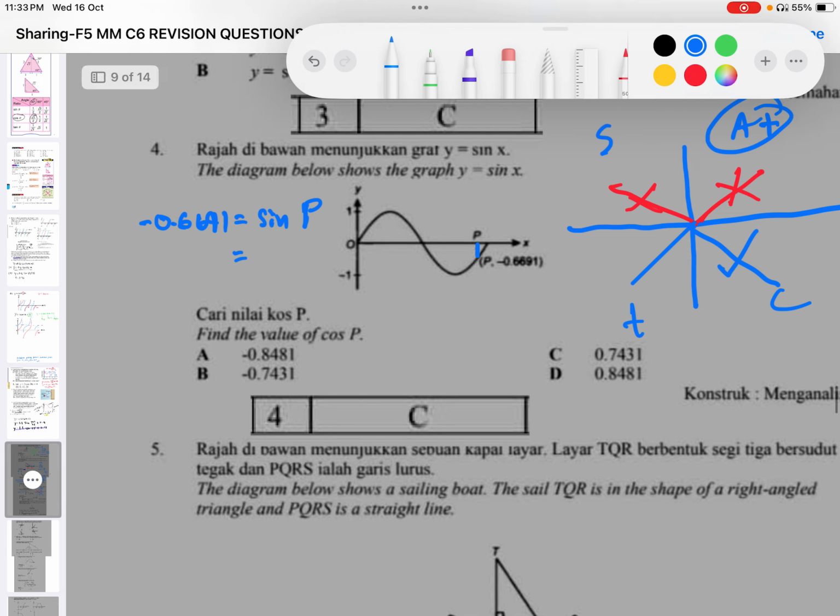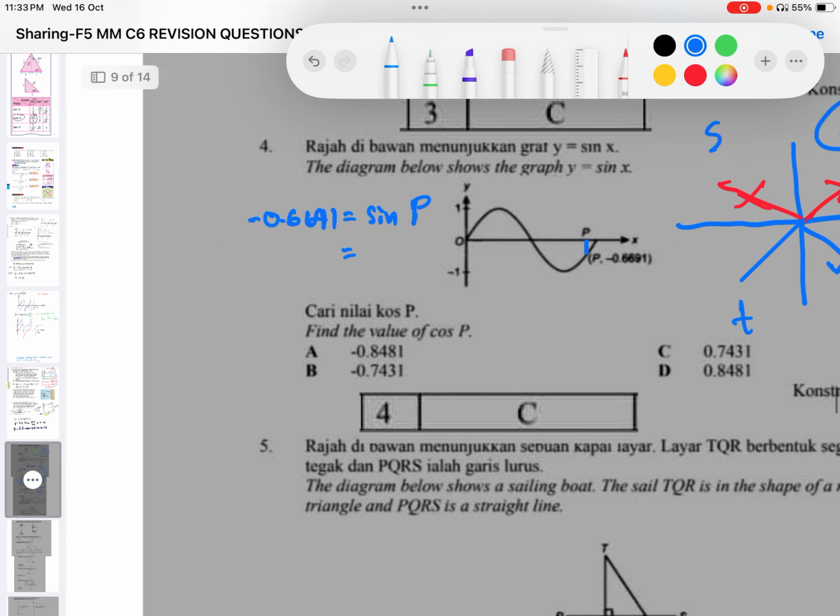So bringing sine over to the left, sine songsang negative 0.6691 is p. So just tekan calculator. Sin songsang negative 0.6691 would be what?